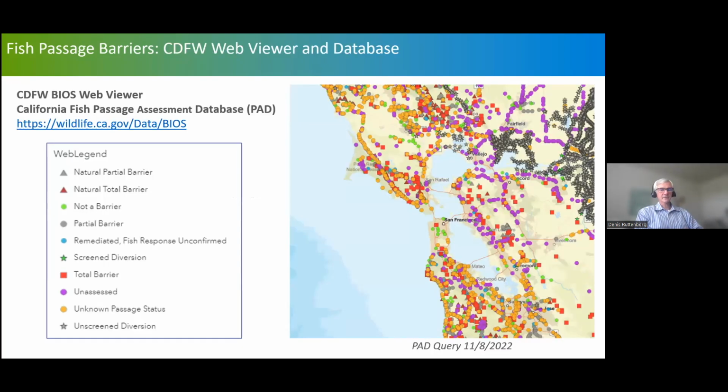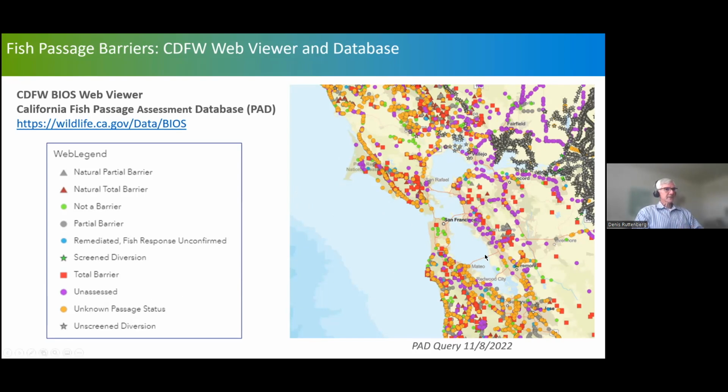I realize that this is a group of Bay Area folks, so yesterday I went on to the CDFW web viewer. It's called the California Fish Passage Assessment Database. I did a quick download. This is a pretty handy tool. The red squares are what we call total barriers, and the red triangles are natural barriers. So when it says total barrier, these red squares indicate a human-made barrier to fish passage.